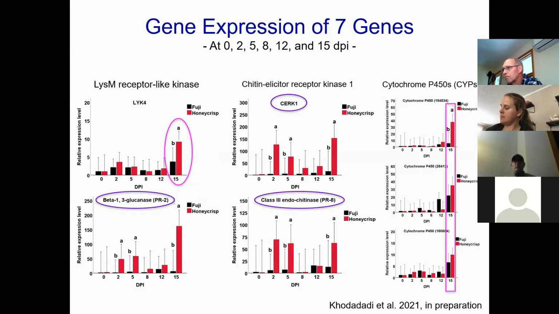That's why you can see these red bars much higher in comparison to the black bars at 2 and 5 days. When you look at the pink ellipses that I put there, we also found that cytochrome genes and also a lysine receptor-like kinase gene were upregulated 15 days after the infection, indicating that the immune response is likely different immediately after the infection and also 15 days after the infection.